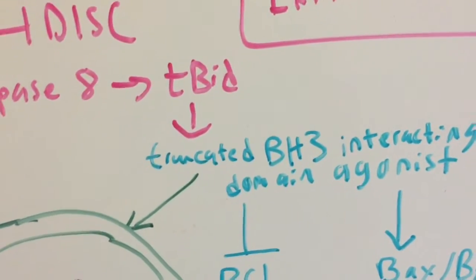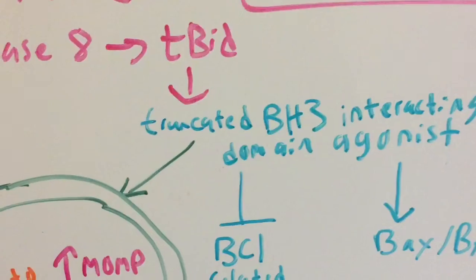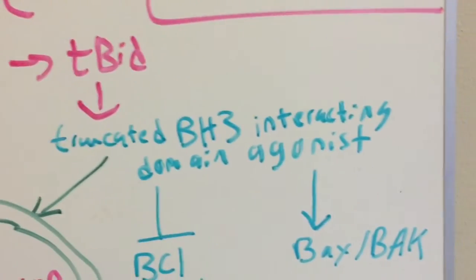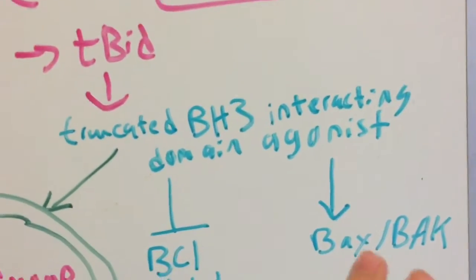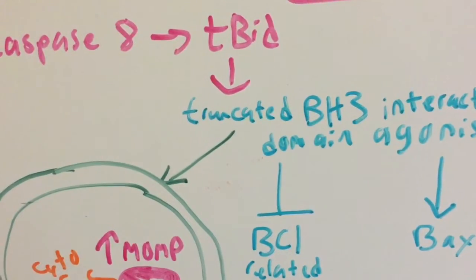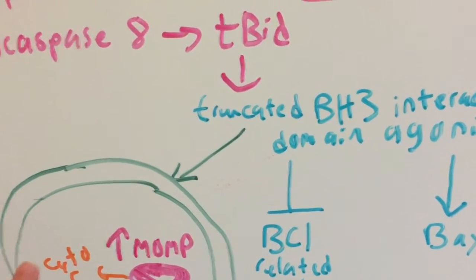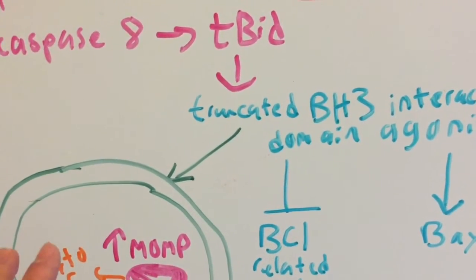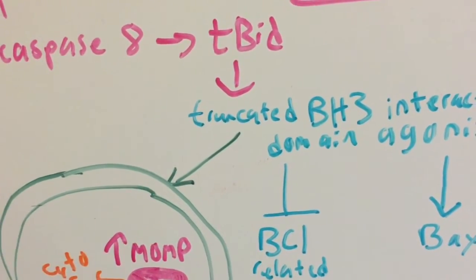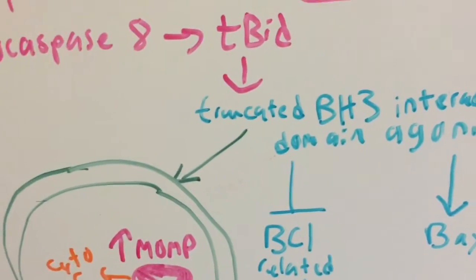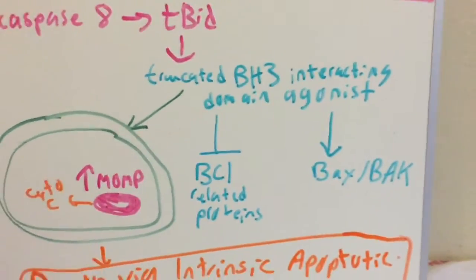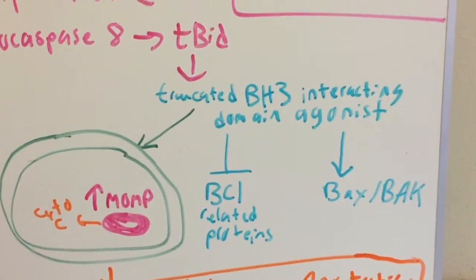It inhibits anti-apoptotic proteins such as BCL and promotes BAX and BAK. These are the pro-apoptotic proteins that make the pores inside the mitochondria, releasing cytochrome C, and then y'all know what happens there. Cytochrome C is the main thing that makes the apoptosome, essentially initiating the death of the cell with the intrinsic apoptotic pathway.